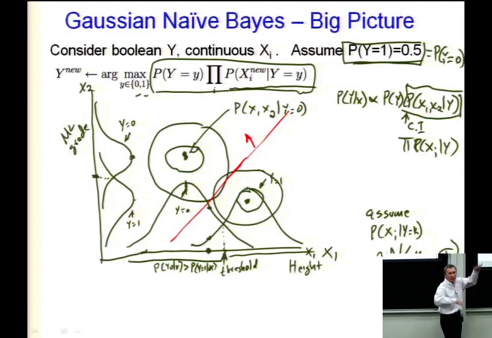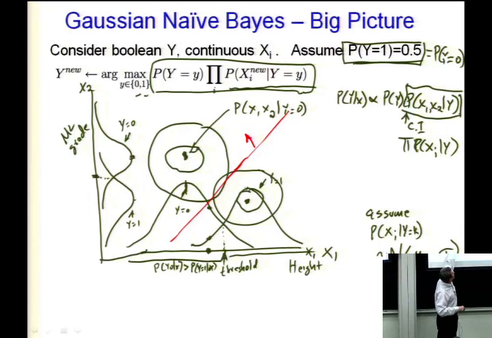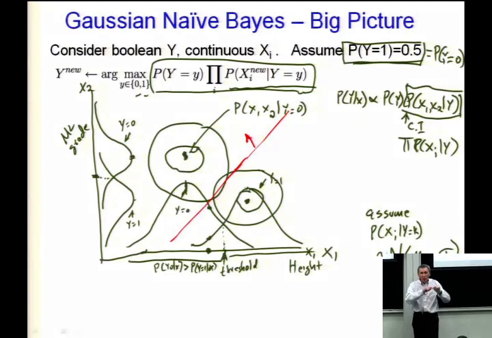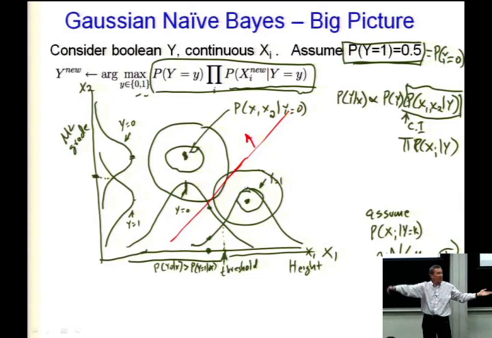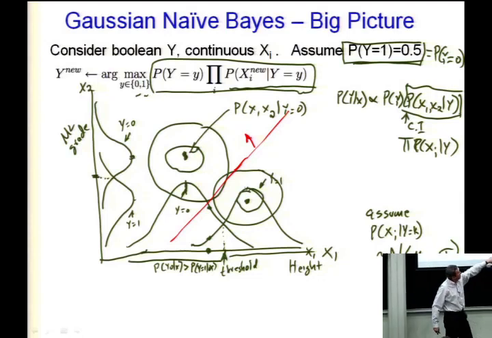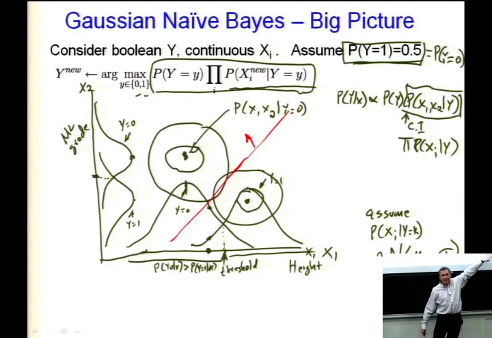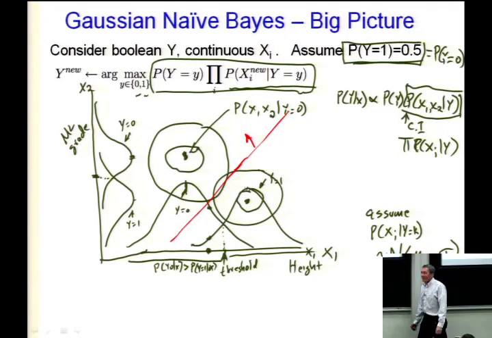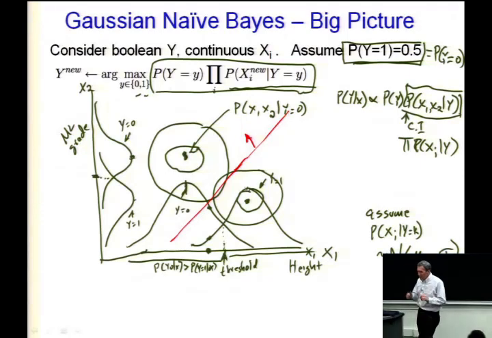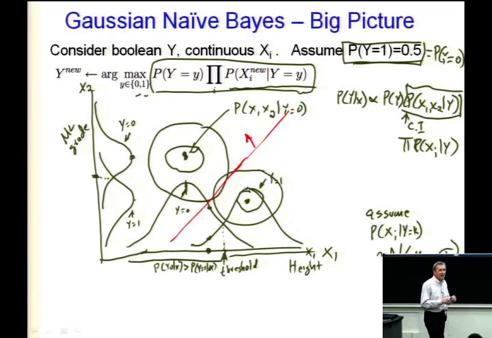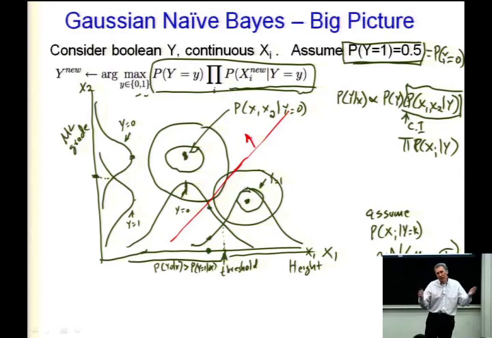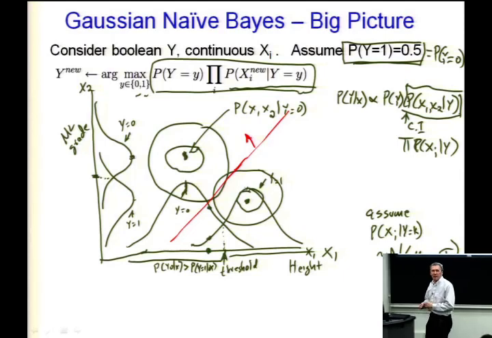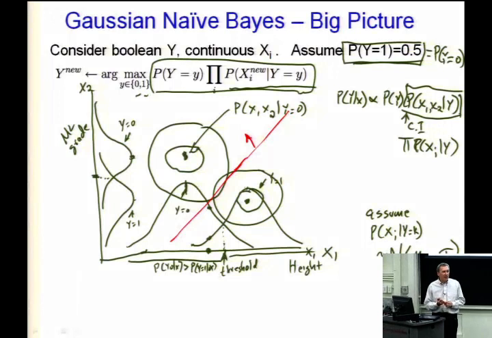Because the height of the two terrain maps actually become equal in a surface that ends up being a line if we make this assumption. So this is a useful big picture, and if you really understand it, then you've got your head around the basics of our naive Bayes classifier.